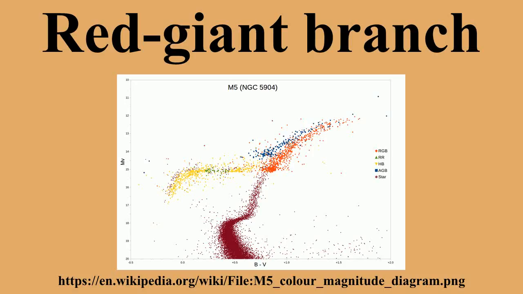Girardi, L., Bressan, A., Bertelli, G., Chiosi, C. Evolutionary tracks and isochrones for low and intermediate mass stars, from 0.15 to 7 solar masses, and from Z equals 0.0004 to 0.03.